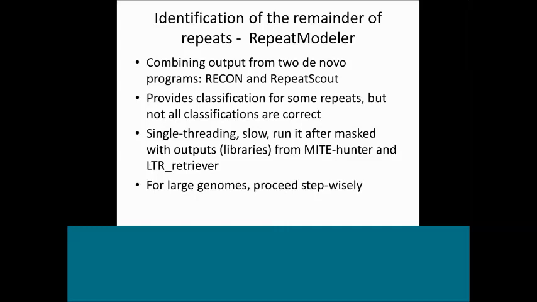So we use RepeatModeler. RepeatModeler is a single-threaded program, so you cannot split your genome. This is the drawback of the program. But the good thing is it automatically classifies repeats. Of course, not all the classifications are correct, but the majority are fine.